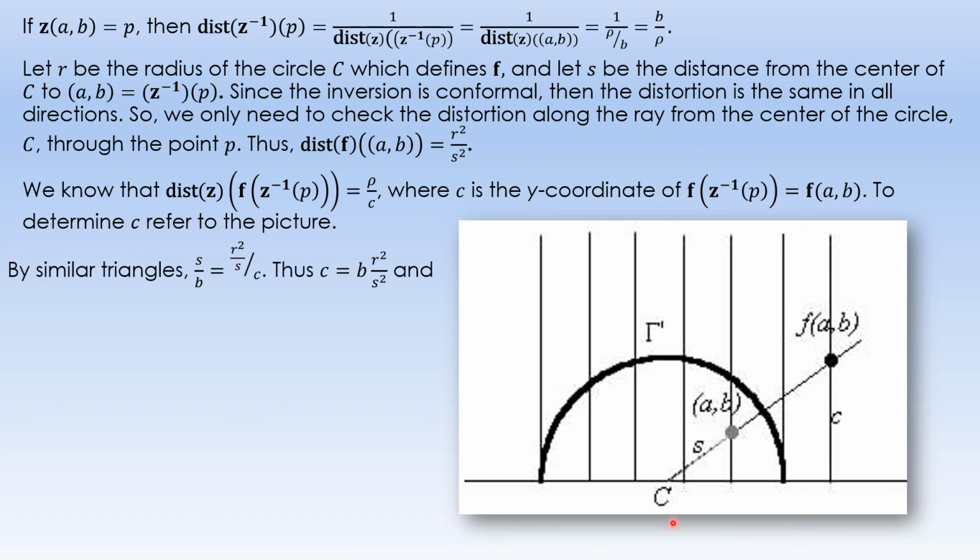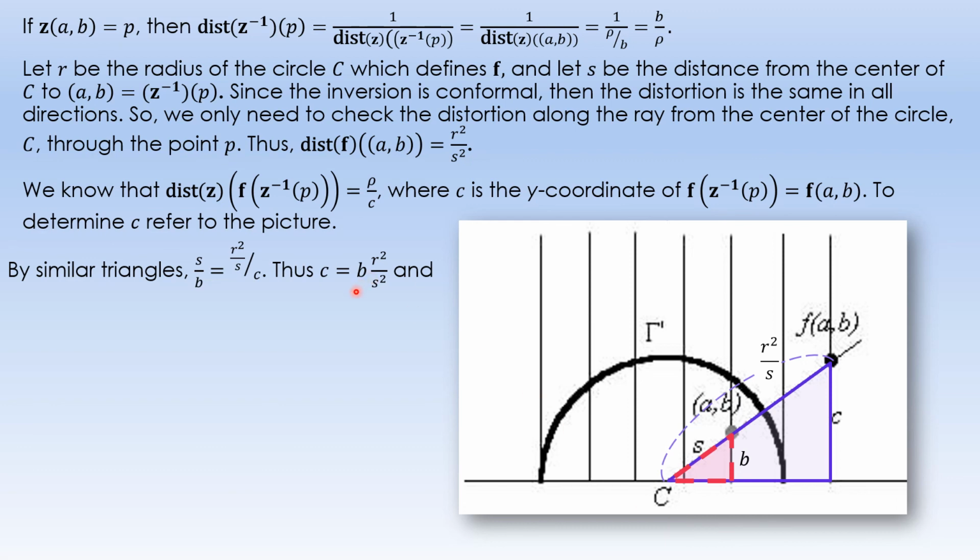By similar triangles, we can show that in the original figure, the ratio of S to B should be equal to, if we look at our larger triangle, the ratio of R squared over S to C. We can solve this so that C is equal to B times R squared over S squared.